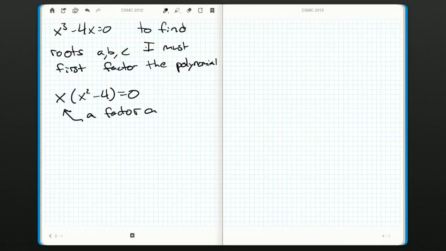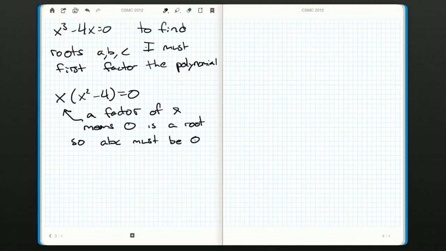Because a factor of x means 0 is a root. And that means that the product abc, one of those has to be 0. You multiply by 0, you get 0 back. Okay, so we could finish off right there.